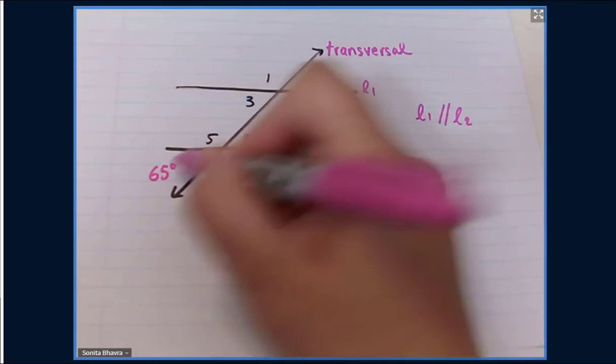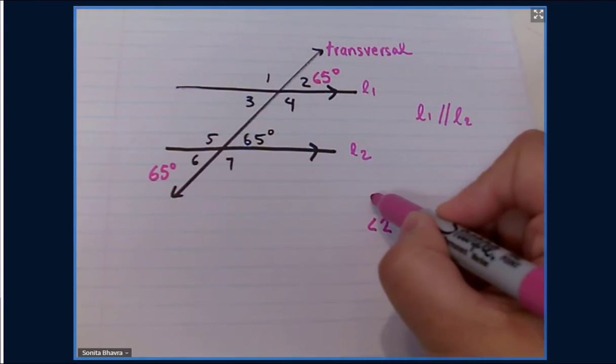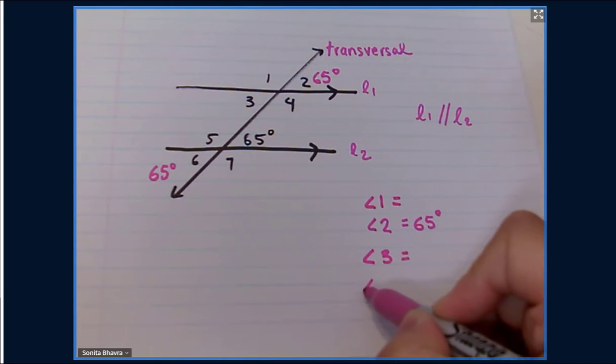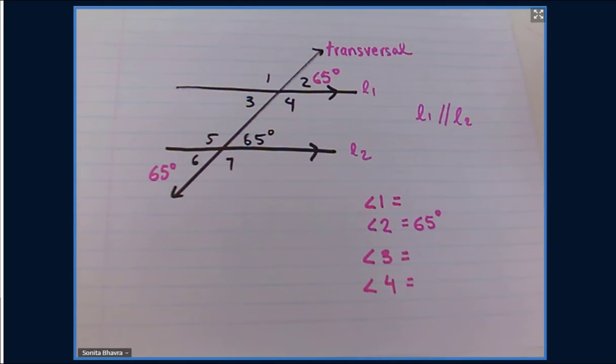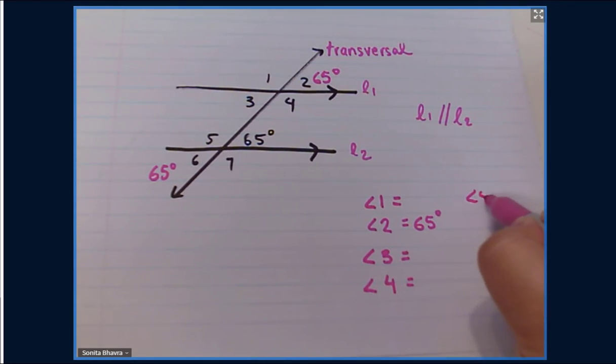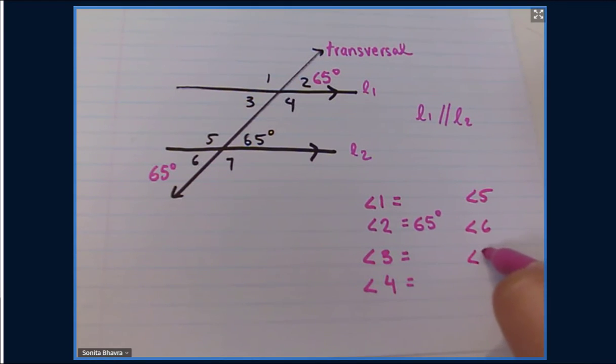So this is also 65 degrees. We still need angle 1, angle 3, angle 4, angle 5, and angle 7. So far we've figured out angle 6 is 65 degrees.